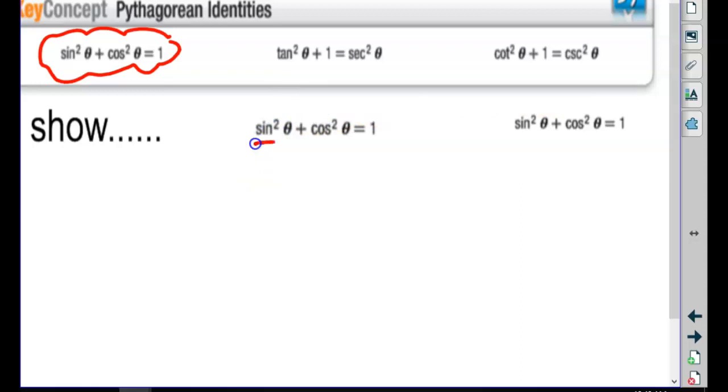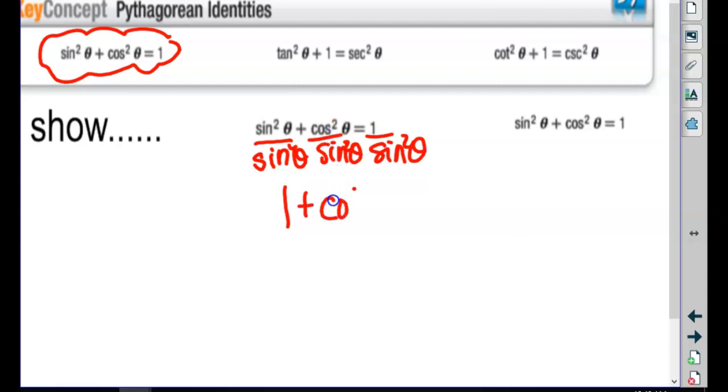If I were to divide this basic one all by sine squared, what's sine squared over sine squared, guys? 1. What is cosine squared over sine squared? Well, what's cosine over sine? Cotangent.